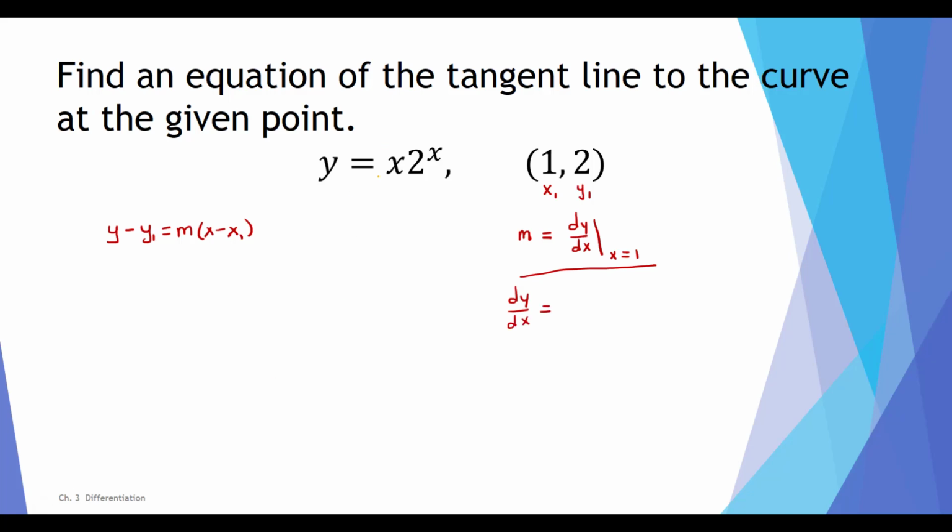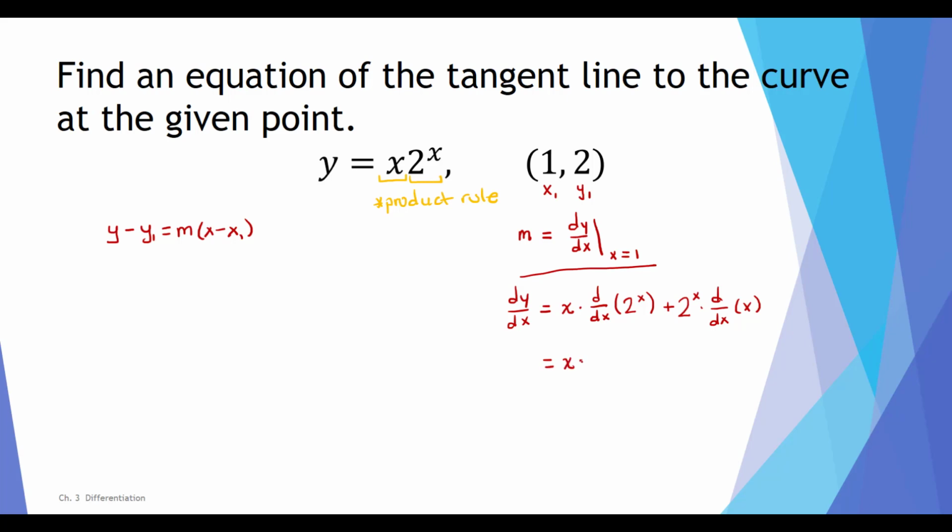Because we have these two functions multiplied, we know that we need to use the product rule for derivatives. The product rule says we take the first function, we multiply by the derivative of the second function, and then we take the second function, we multiply by the derivative of the first function, and we add those terms together.